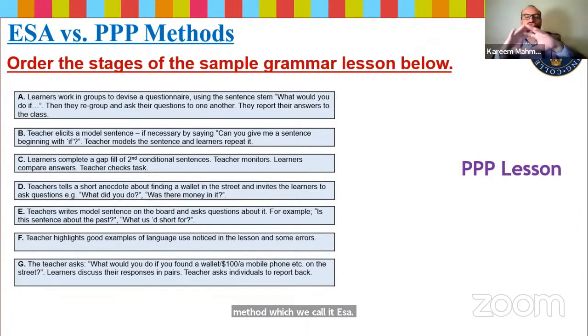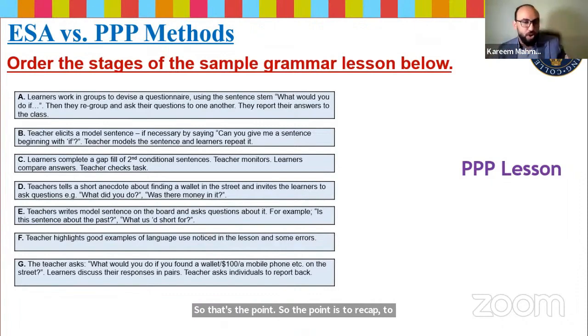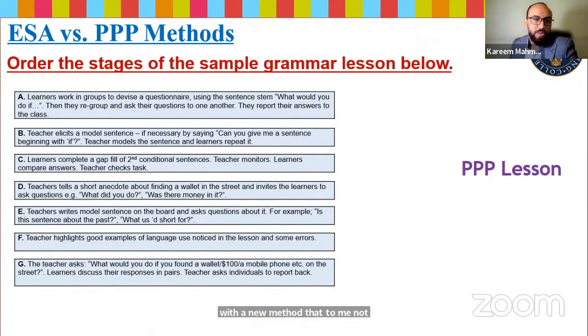So the point is to recap, to activate your schema about what the PPP framework is, what the stages of the lesson are, and then we'll take these data to compare with a new method that you may not be familiar with.